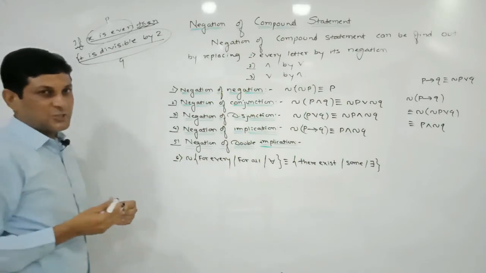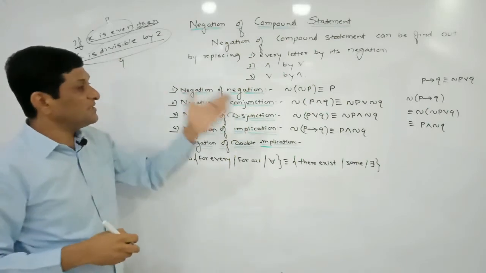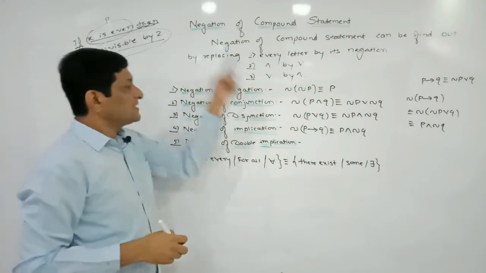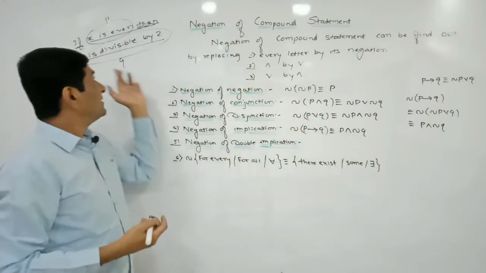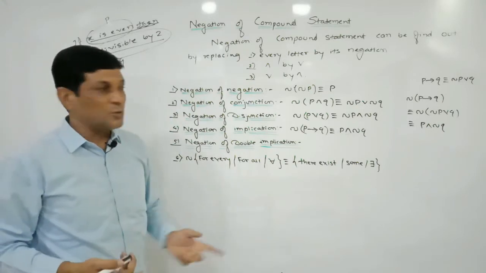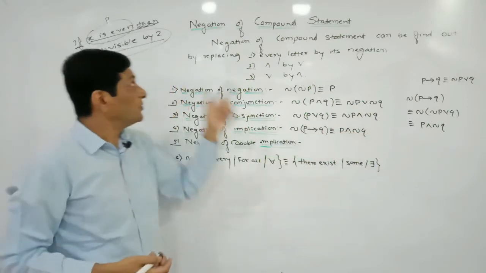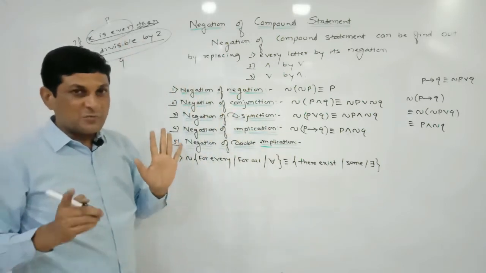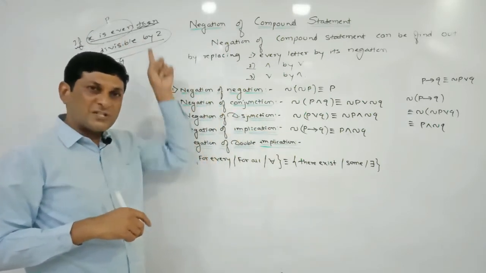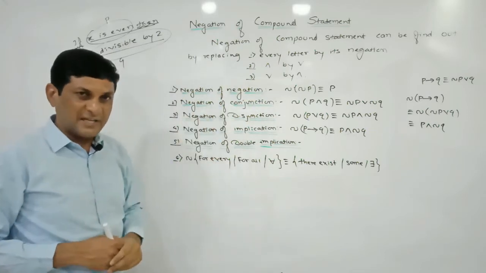If we substitute these values, what do we get? X is even, and "and" can be written as "but": x is even but it is not divisible by 2. Use negation in Q: it is not divisible by 2 will be the negation of this statement. While finding the negation of a compound statement, we have to use these rules of negation.